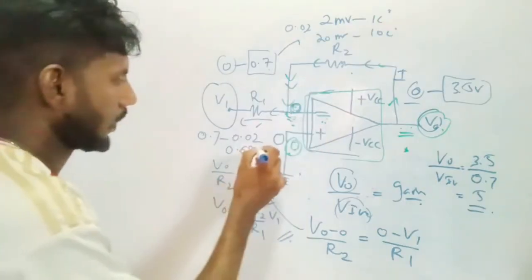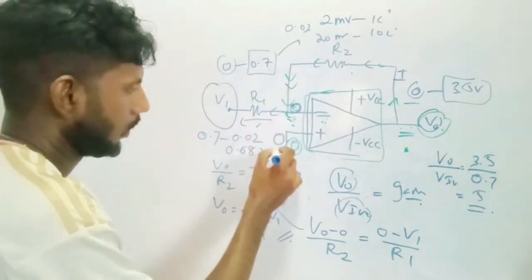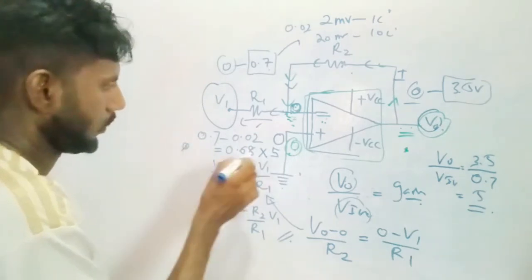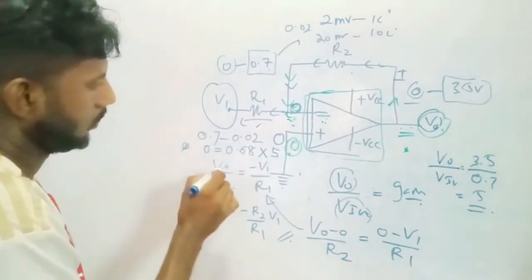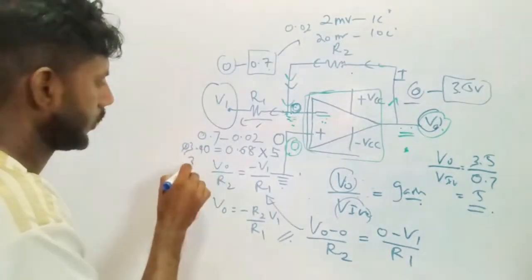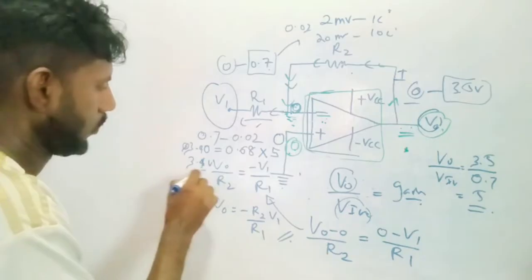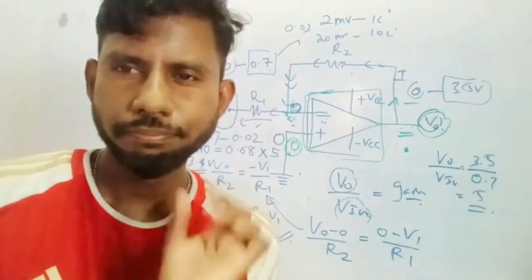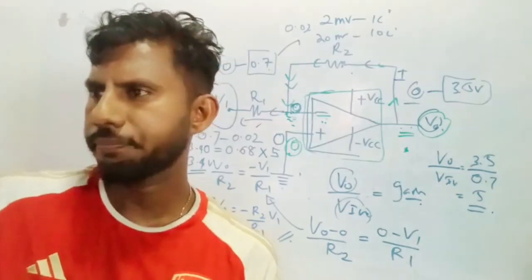So 0.68 multiplied by 5 is 3.4 volt. That's your answer. These are simple calculations, right?